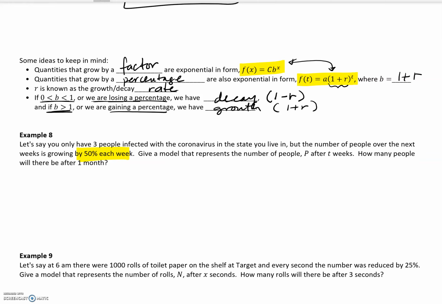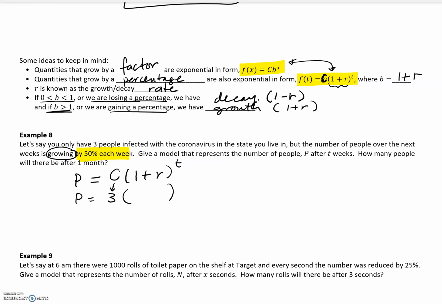So basically, since there's a percentage, we'll start with a 1 plus, and since it's growing, I'm going to add the percentage, 1 plus r to the t. And that means, well, I started with 3 people. That's my initial amount. Oh, this I should call c, you guys. So that should be c to keep it consistent. So my initial amount is c.